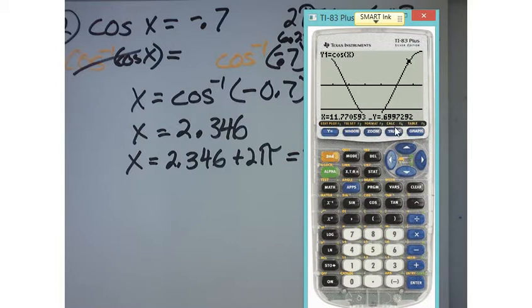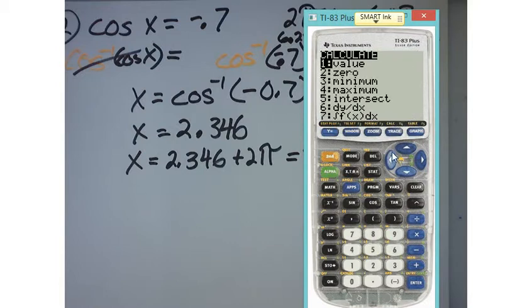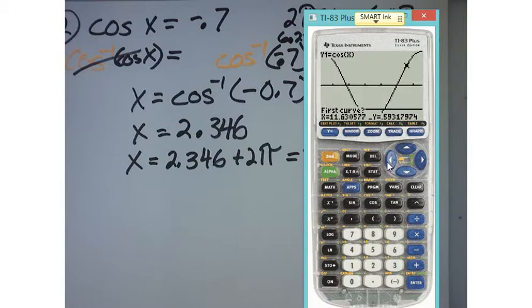So I could just hit second trace and come way down here. That's what you would do if you were taking a test, like the AP Calc exam. So if I come in here and hit the second curve and then guess, now it's 10.